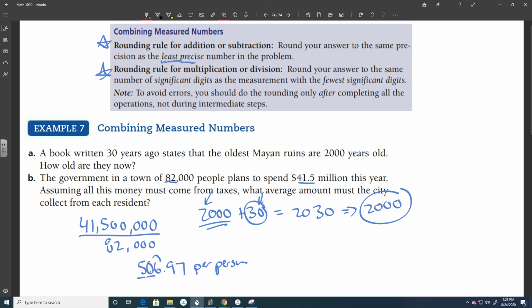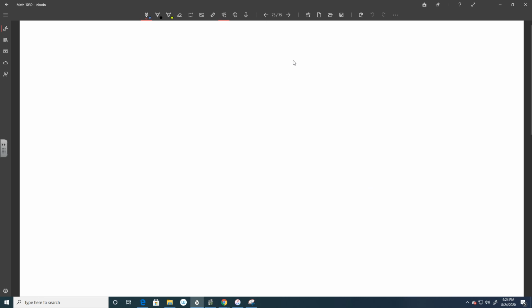So this 6 is going to round that up to a 1. So we're going to say that each person is going to pay $510. Now, I didn't actually measure out to the pennies, but we're dealing with money, so I'm going to write pennies in there. Okay.